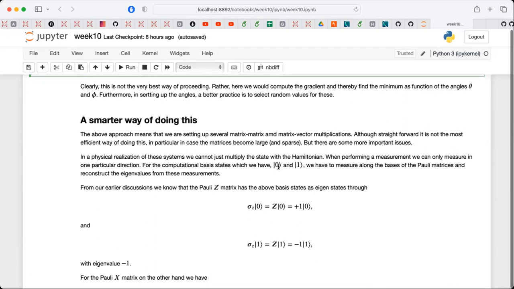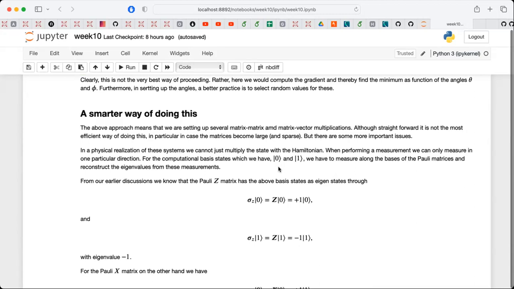There's more to the picture than meets the eye here. One of the reasons is that when you want to perform a physical realization here and perform measurements, you would like to perform measurements using operators which are relevant for the computational basis.